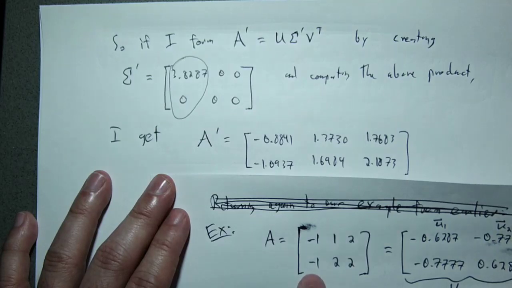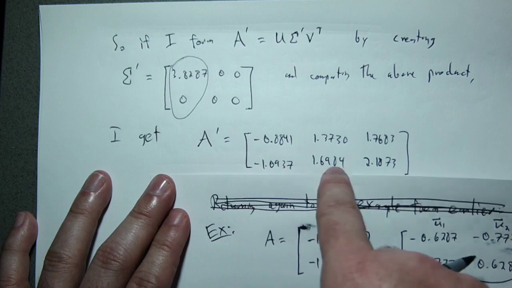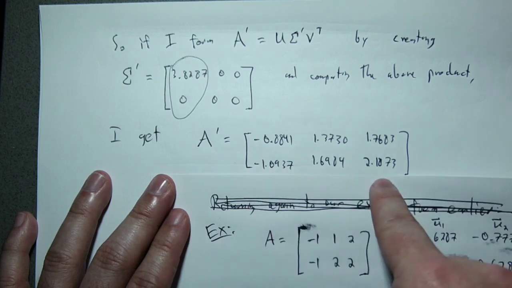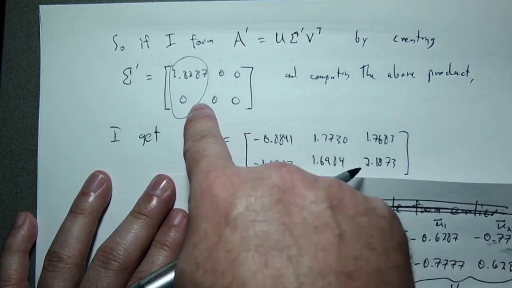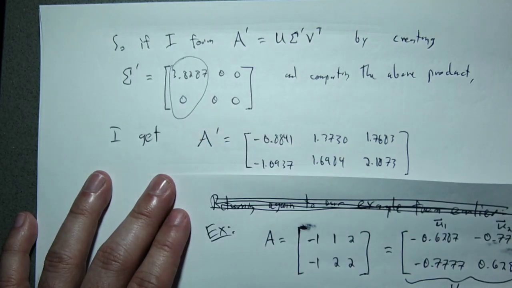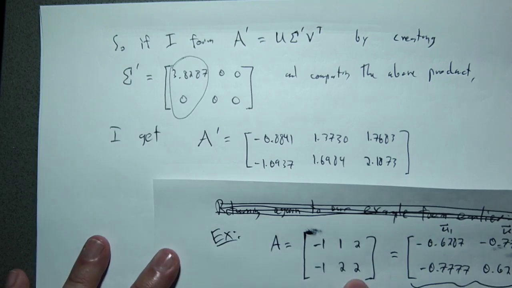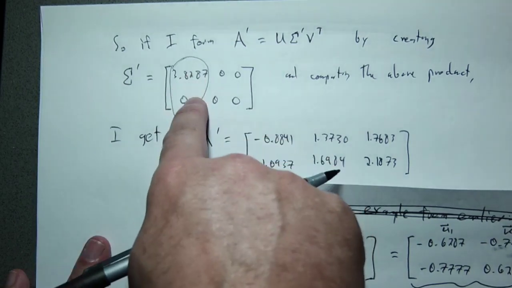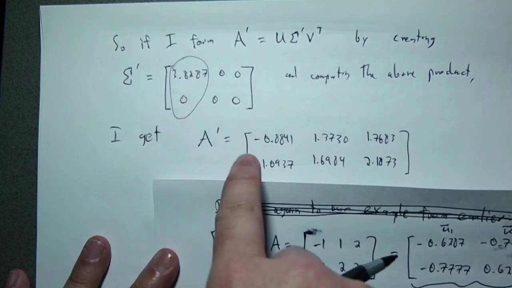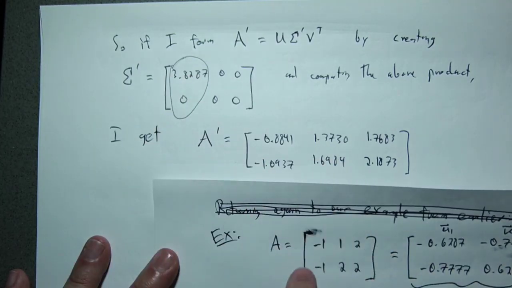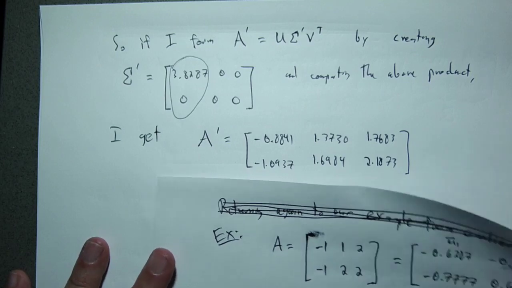So rather than needing these 3 vectors, I was able to construct a matrix that was close, in some sense, out of a single vector. Okay, so imagine again as a problem of storing data, right? You've essentially reconstructed the matrix A. You didn't need to store these 3 points. You only needed to store this one. And from that you were able to construct this A prime that was close in some sense to A.